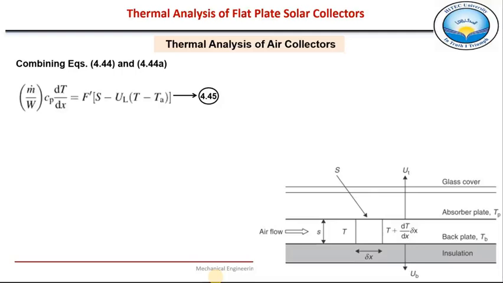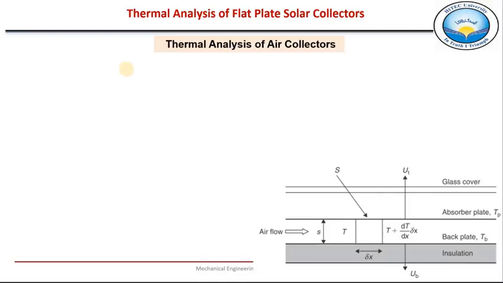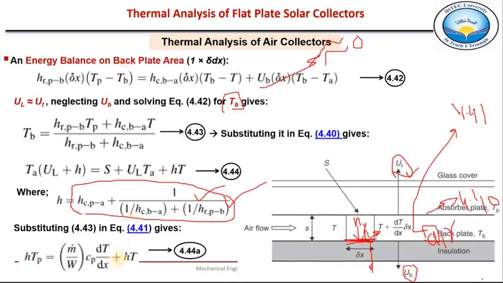Equation 4.45 is the combination of these two equations, 4.44 and 4.44a, which we have derived after putting TB, the back plate temperature, in the equations of the absorber plate and of the air, the working fluid, right? So we get these two equations.